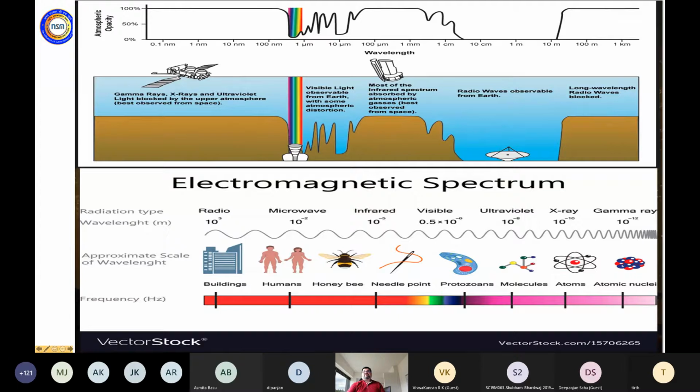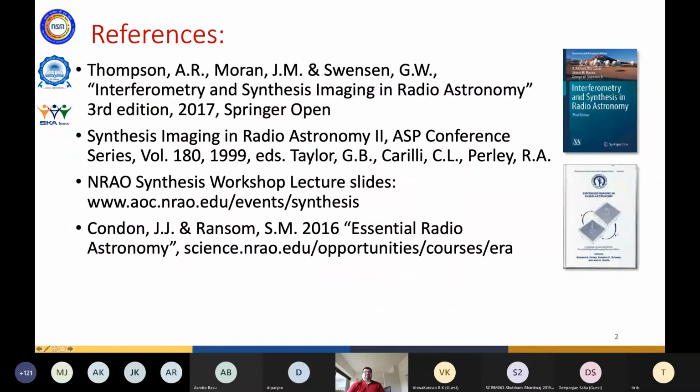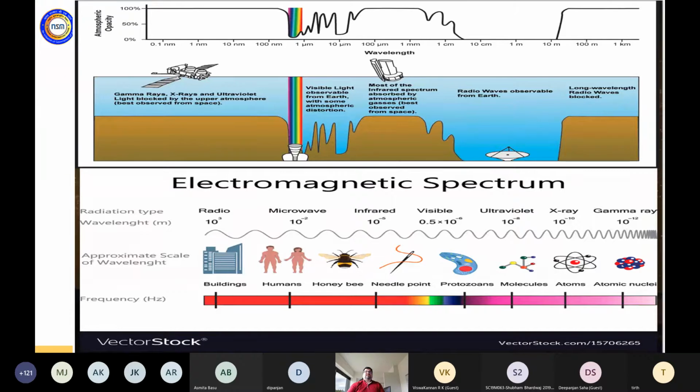We radio astronomy people are fortunate to be in a part where we can observe most of the band from the surface of the Earth. But people who are near X-ray, gamma ray, UV are not that fortunate. So it has to be space-based observatories, and only a minor fraction of the band in the optical is visible from the surface of the Earth.